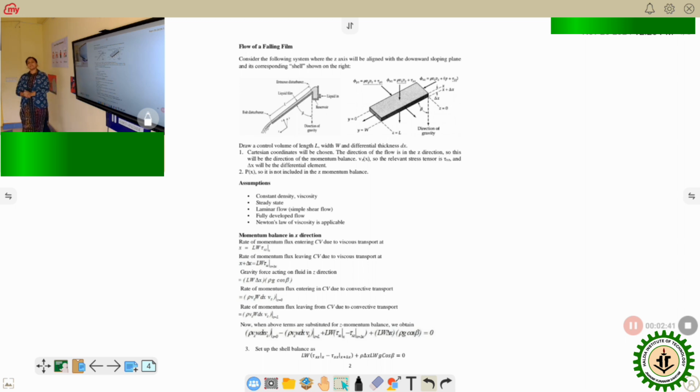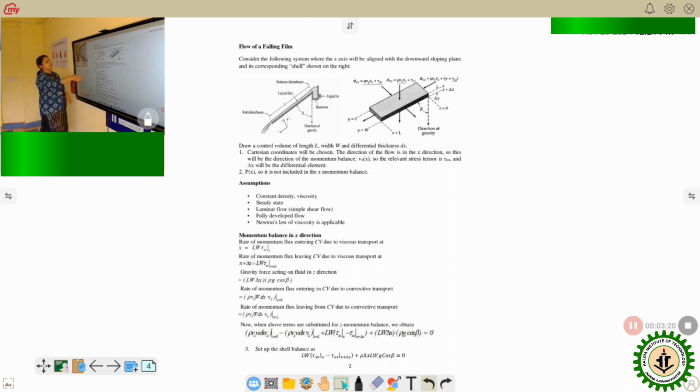Consider the momentum balance in the z direction. Rate of momentum in to the control volume due to the viscous transport at x equals L W into tau xz at x. Tau xz is the shear stress in this case, and rate of momentum out of the control volume due to the viscous transport at x plus del x equals L W into tau xz at x plus del x.